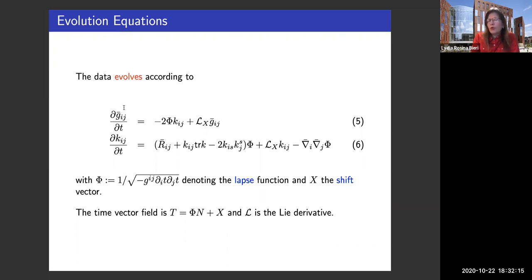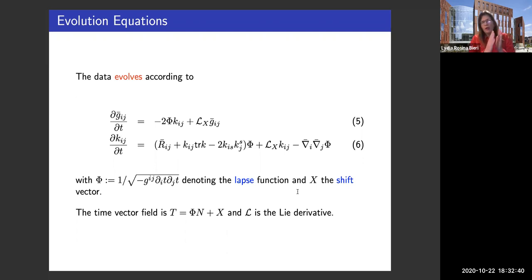Now, another portion of the Einstein equation gives me an evolution of this initial metric and this initial tensor K with time. On the right-hand side, what you call here phi, that's a function that measures how I go from one space-like slice to the next. And L_X is going to be the Lie derivative with respect to a vector field X, and this vector field X is giving a shift vector.